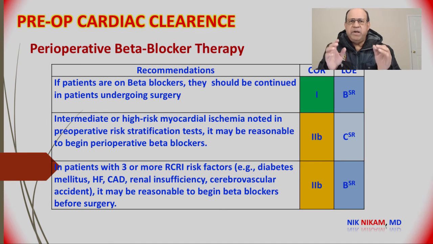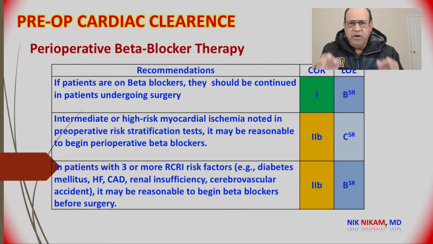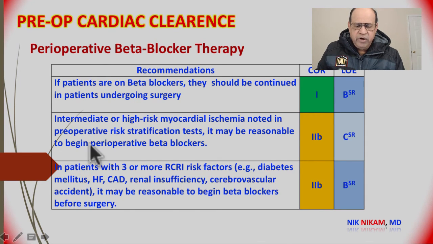It's very important, if these patients have been on beta blockers before the procedure, to continue the medications until the time of surgery and resume them immediately in the postoperative phase as soon as these patients are able to take them. In intermediate or high risk patients who are going for non-cardiac surgery, it is reasonable to start beta blockers in the perioperative phase.